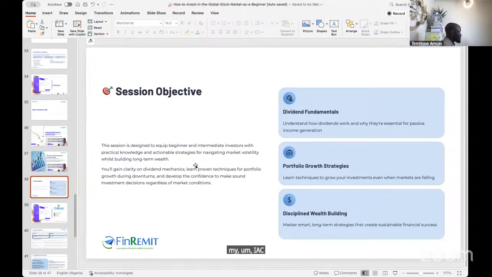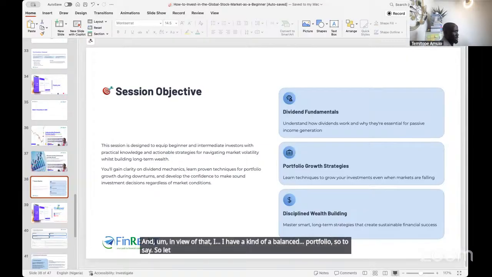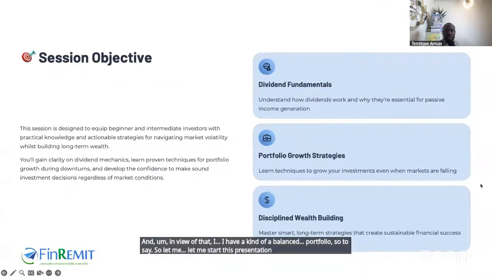So with that, it continues to grow my wealth. And in view of that, I have a kind of balanced portfolio, so to say. So let me start this presentation so that I can go straight into the class.